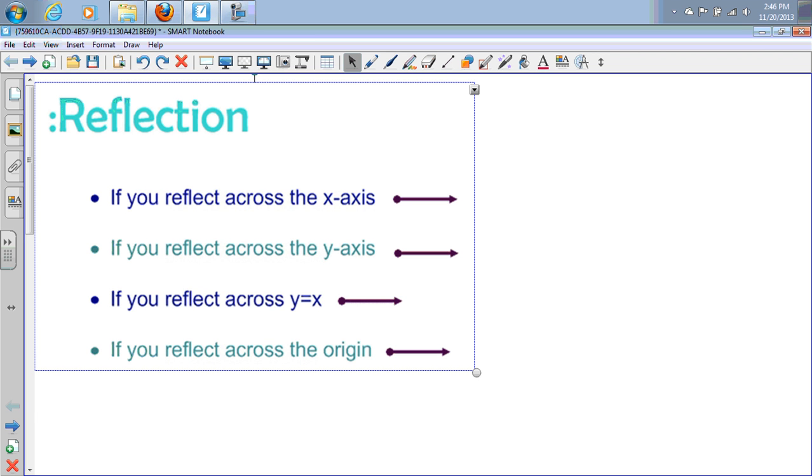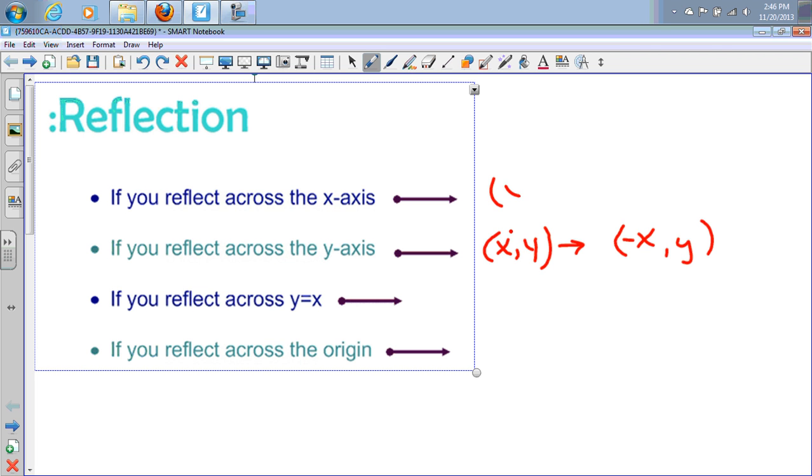The y stayed the same and the x switched to its opposite. Okay, so let's talk about what happens when we reflect over the y-axis. We have x and y, and when we did that, the y stayed the same, so the axis we reflected over was the same, but the other one changed to its opposite.